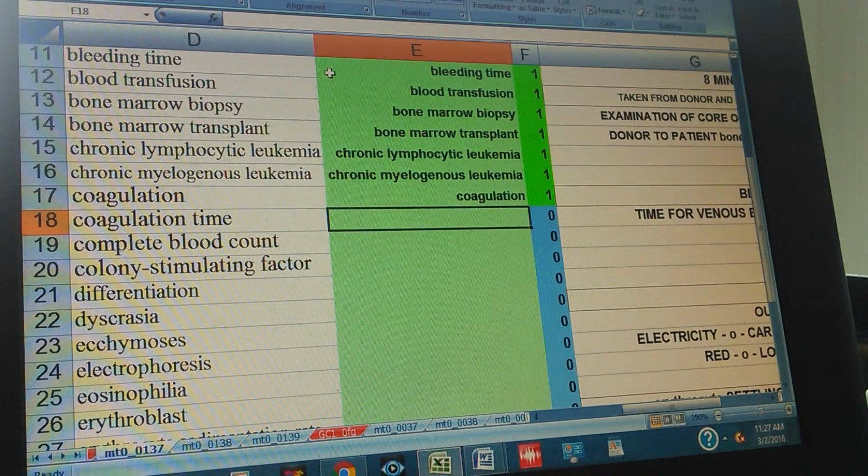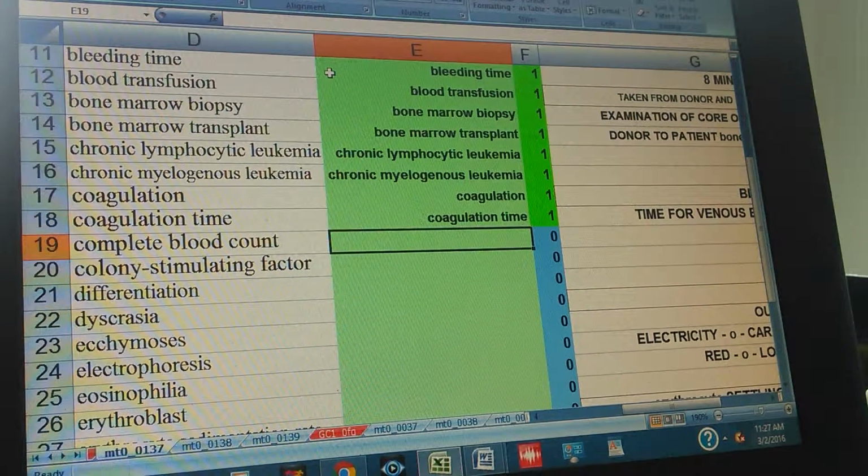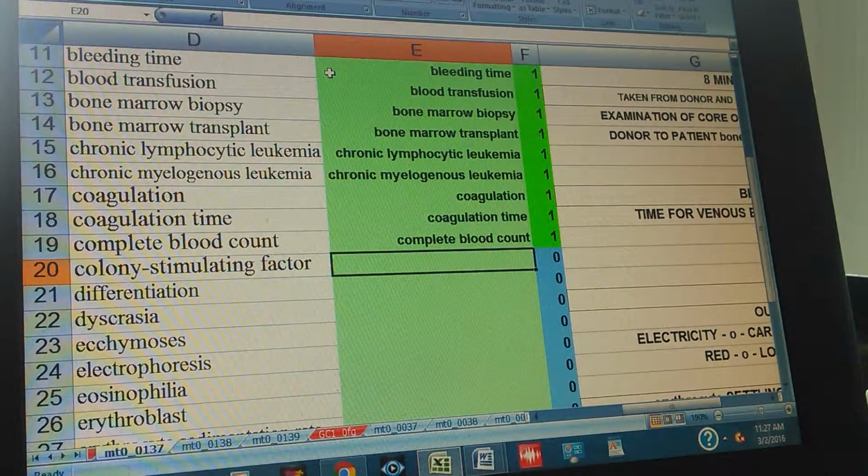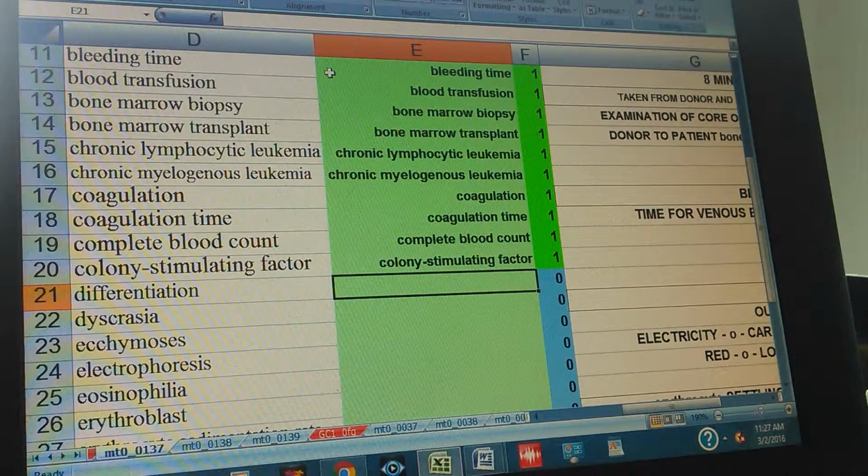Coagulation. Coagulation time. Complete blood count. Colony stimulating factor. Differentiation.